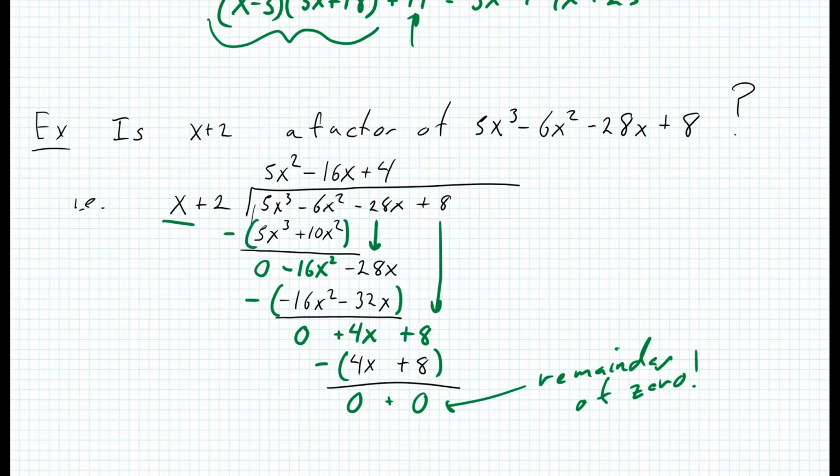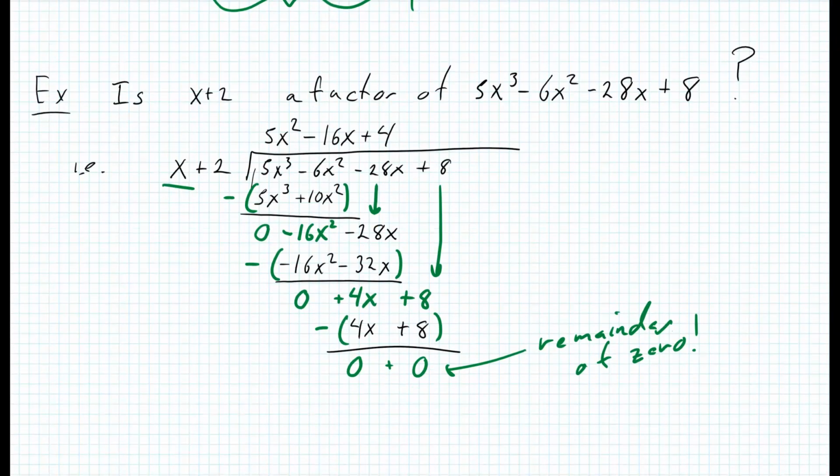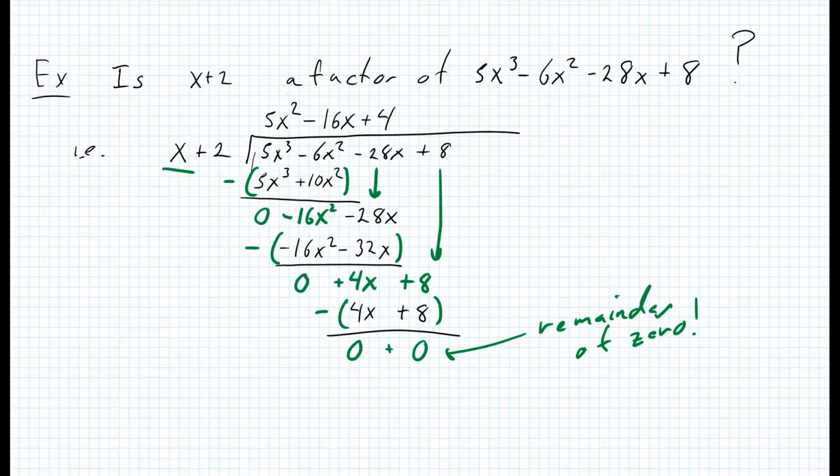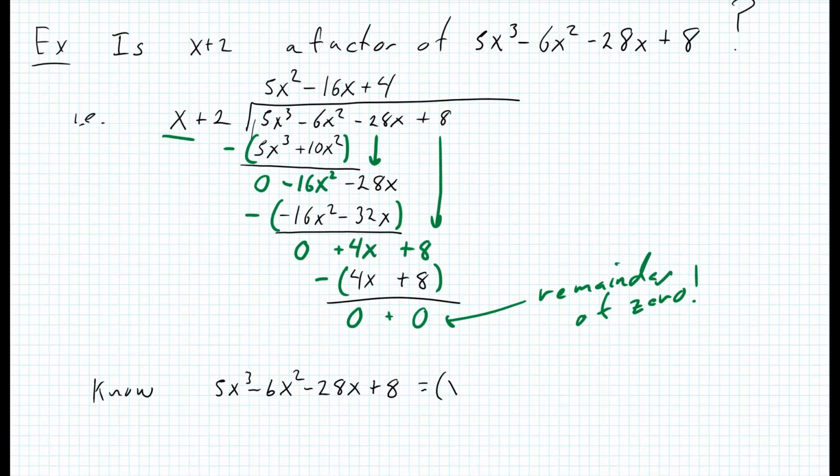Fabulous. What have we shown? Since it divides evenly, we know 5x cubed minus 6x squared minus 28x plus 8, which is a pretty ugly polynomial, is equal to x plus 2 times 5x squared minus 16x plus 4.